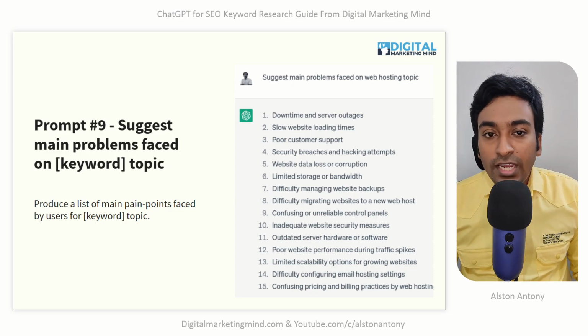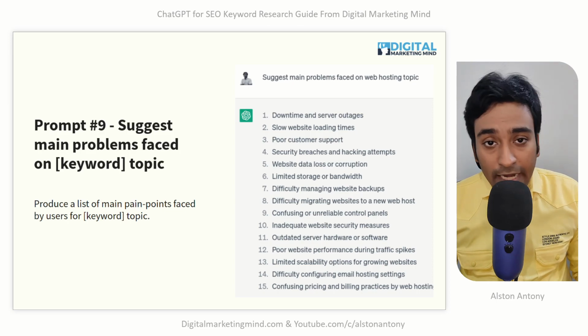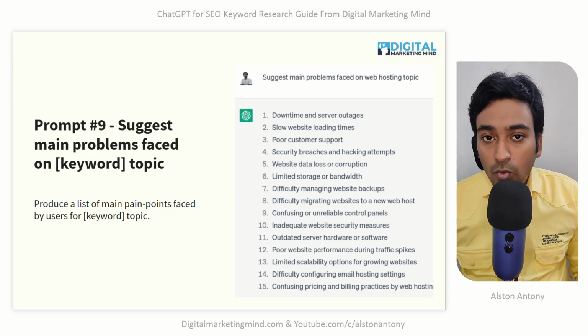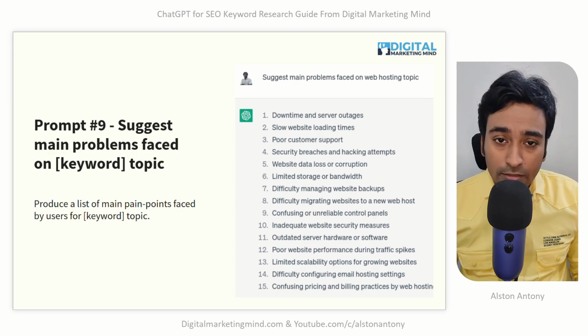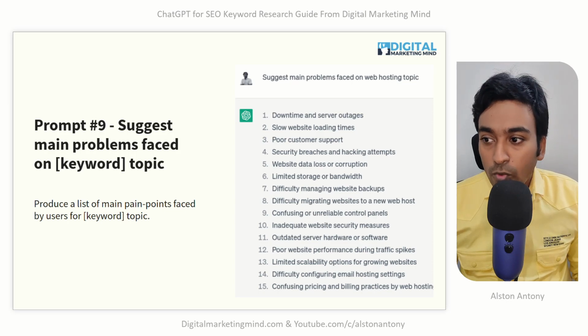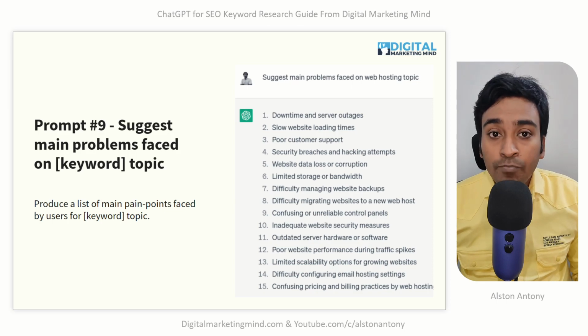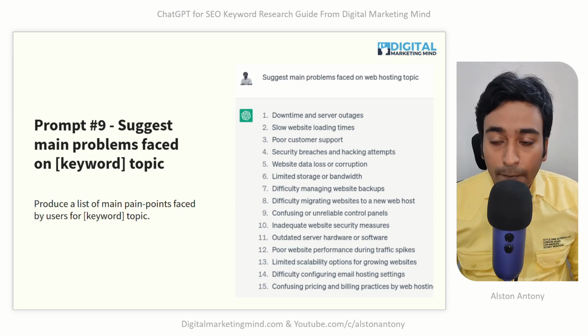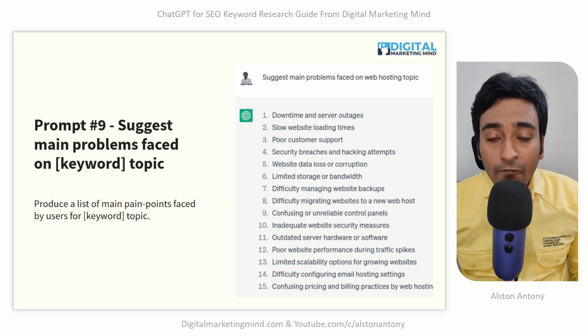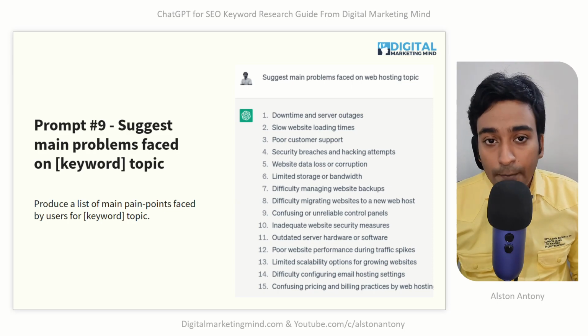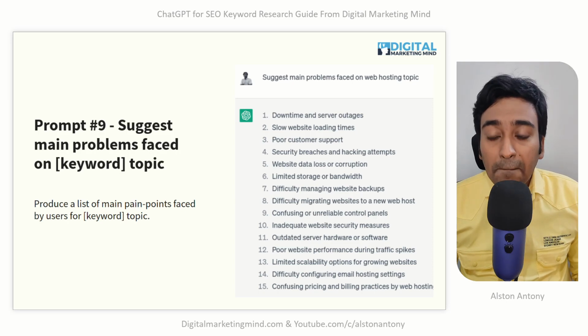So when we ask them on their main problems, we are able to identify the pain points faced by the target audience. So when I ask suggest main problem faced on web hosting topic, it does show me all the pain points of the customer, and we can craft or come up with keyword ideas or even content generation ideas based on this problem for our need.